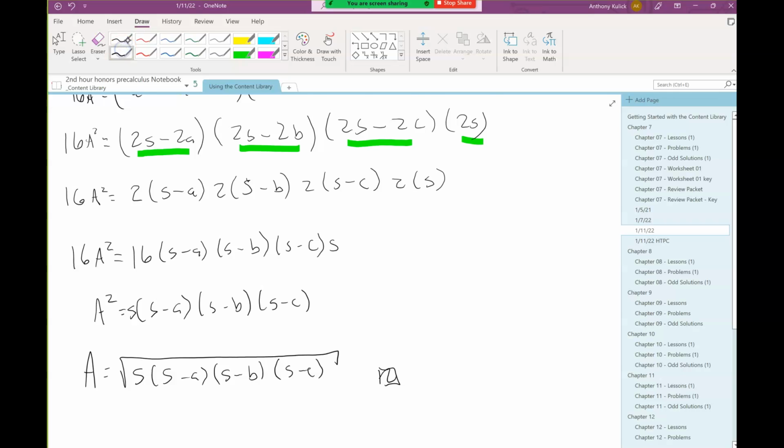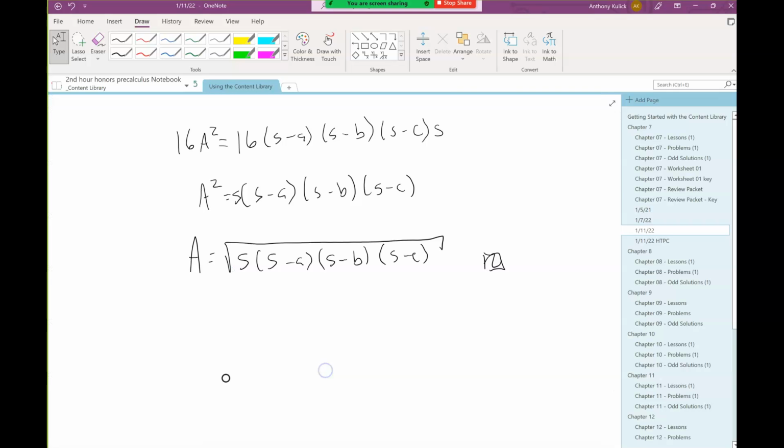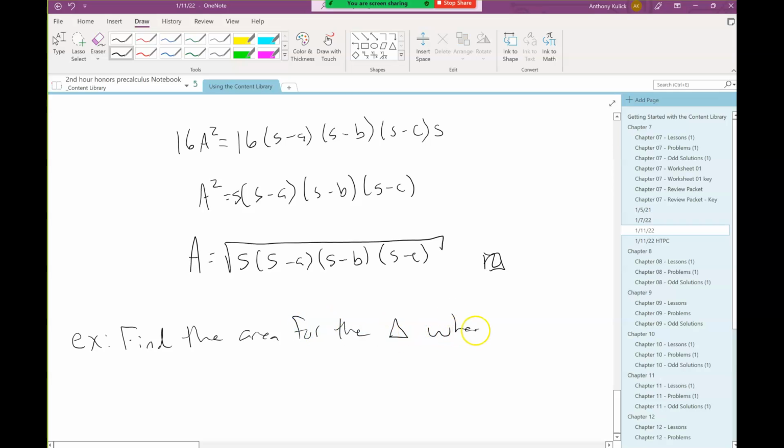So let's just do a couple of quick examples to finish out here. Let's put some units in here.